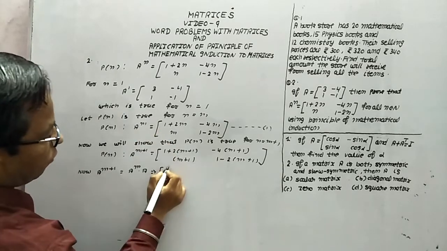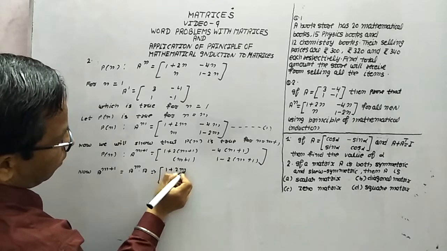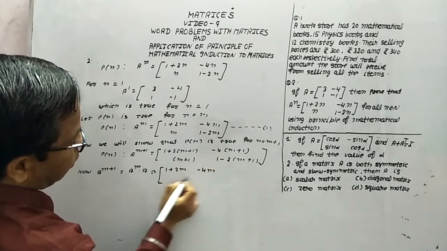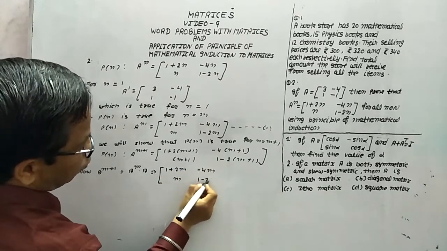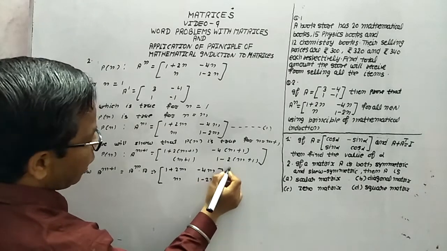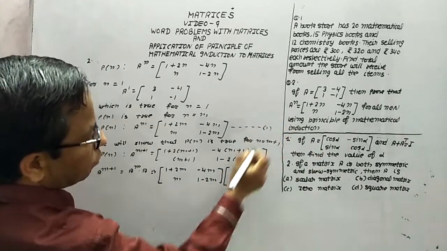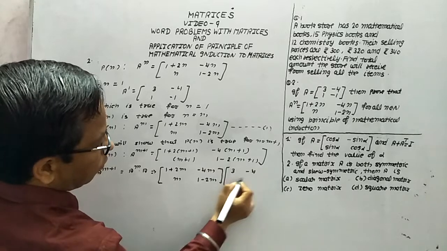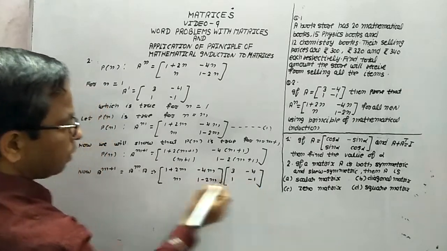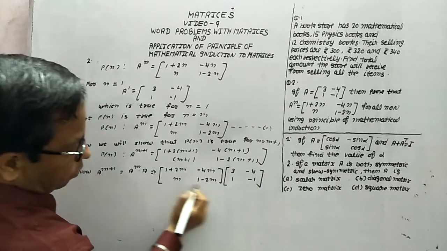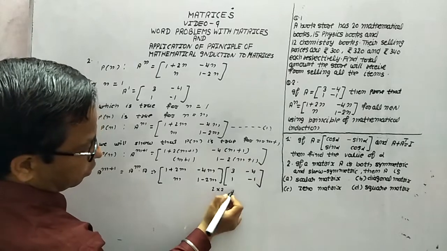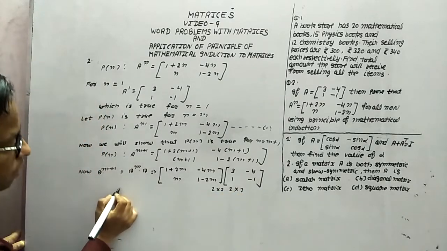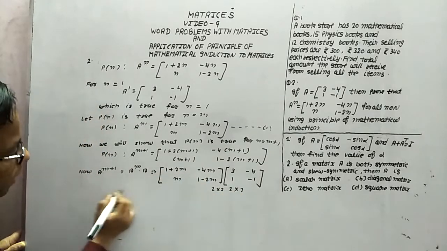What is A^m from equation 1? [1+2m, -4m; m, 1-2m]. Now what is A? A is this one, [3, -4; 1, -1]. Now this is a 2 by 2 matrix. This is also a 2 by 2 matrix. The resultant will be a 2 by 2 matrix.